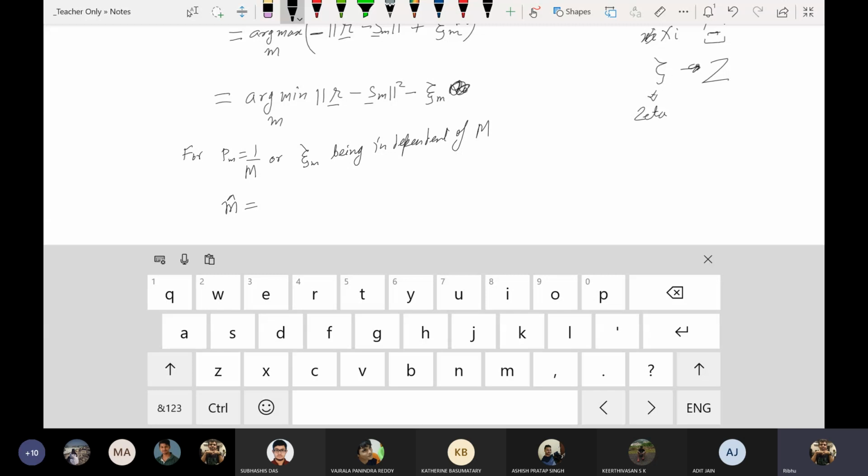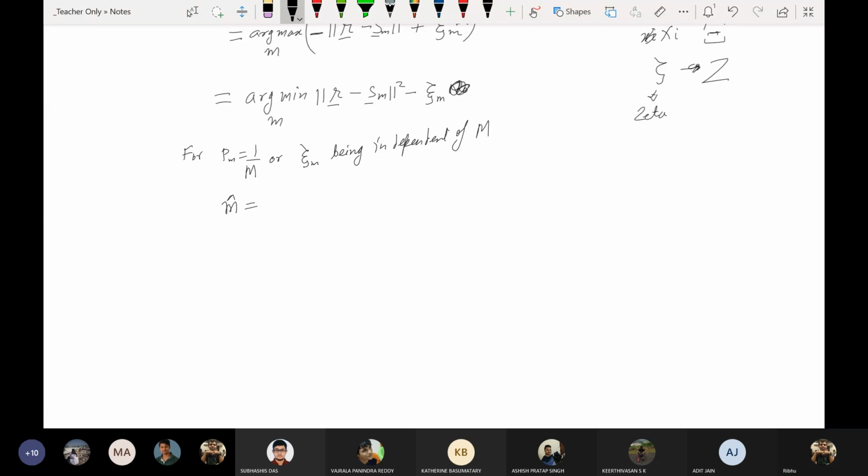Sir, xi m is probability S m times n naught times log of probability S m. So how will it be independent of m if P m is equal to 1 by M? Sorry, small m, independent of small m.